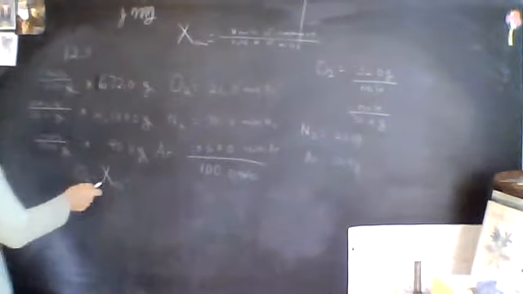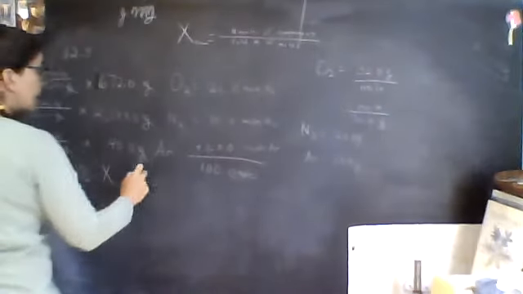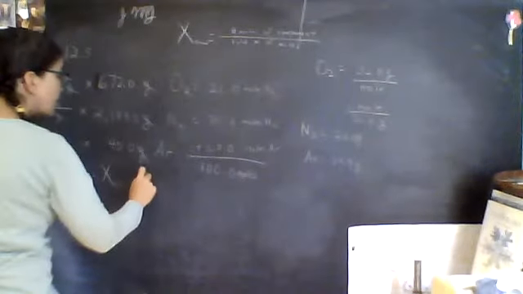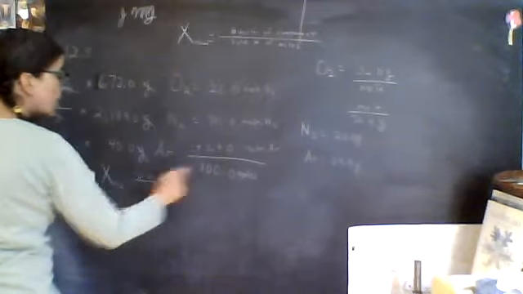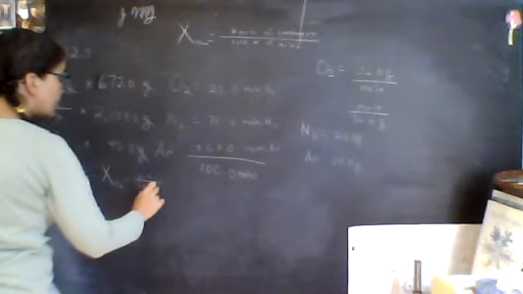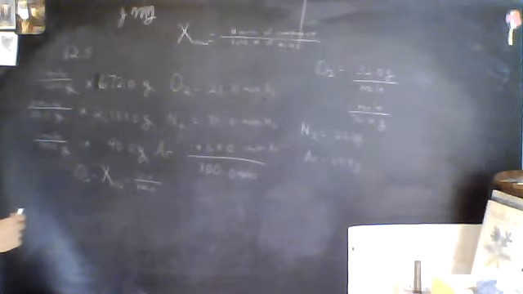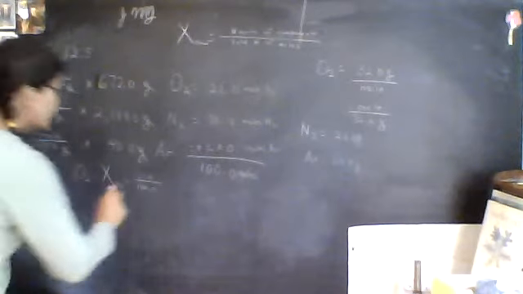So the mole fraction of oxygen is 21.0 per 100.0. That really can't be reduced, right? It's 21 over 100. Or we could put it in decimal numbers like they do in the answer. Let's do that.